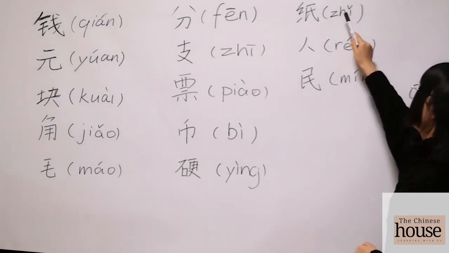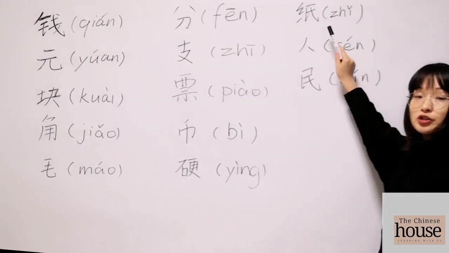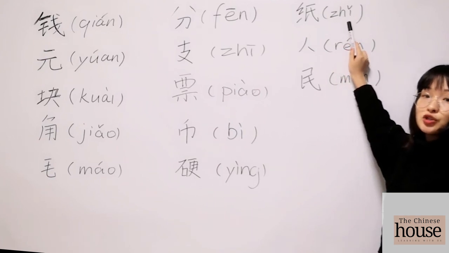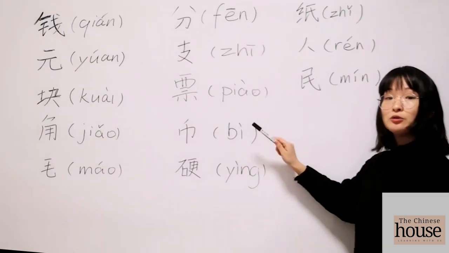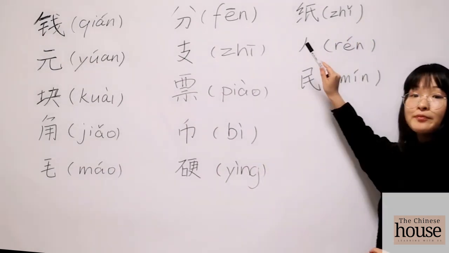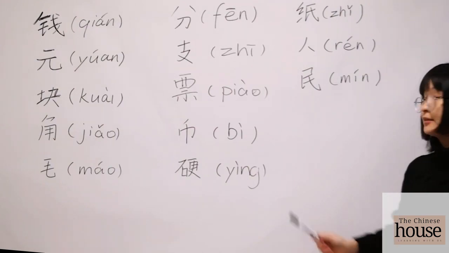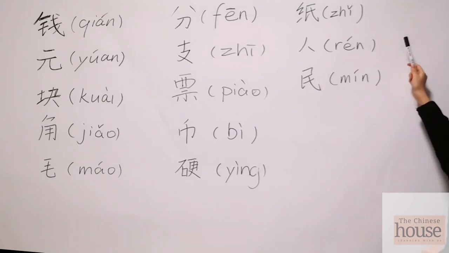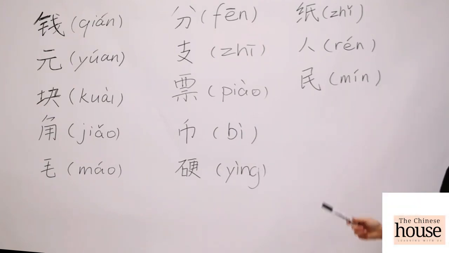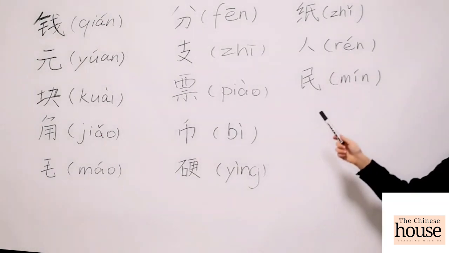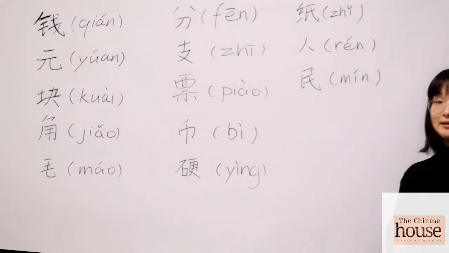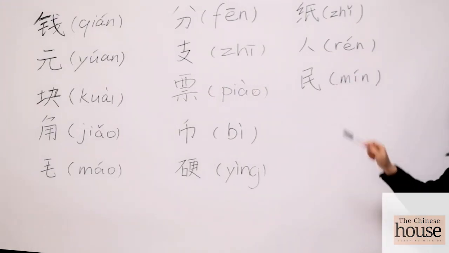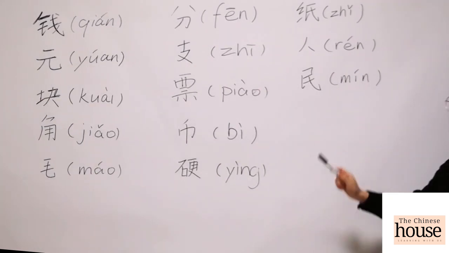And this is 纸. We just learned 一张纸. 纸 means paper. So 纸币 means paper money. And 人 means people, 民 means citizen. 人民, people.